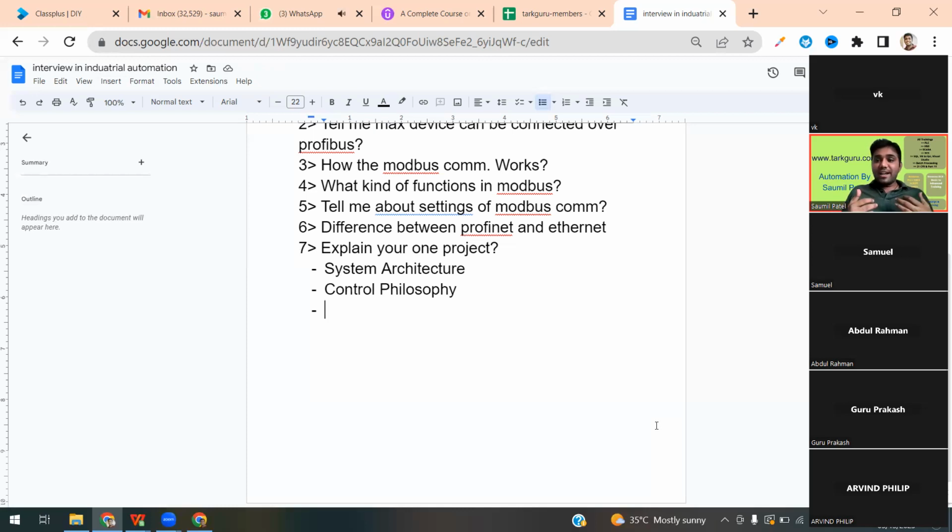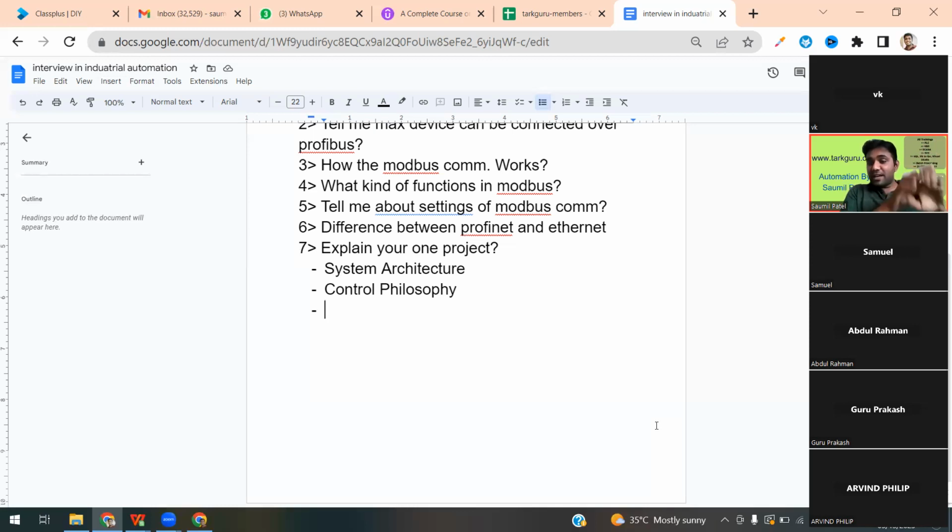That will showcase that you are a well experienced person. If you directly jump to the logical part, that might affect it this way: you look like a very raw engineer focusing directly on the logic, not other things. But these things are very important, right? System architecture, control philosophy.